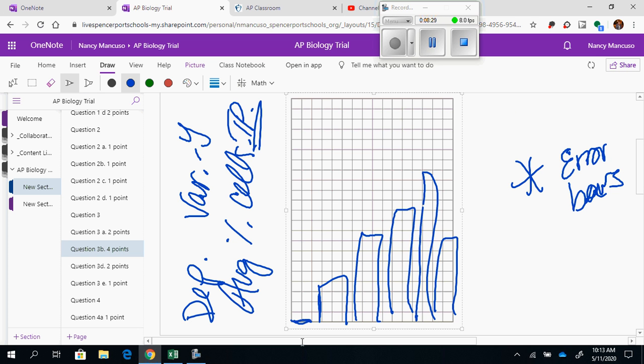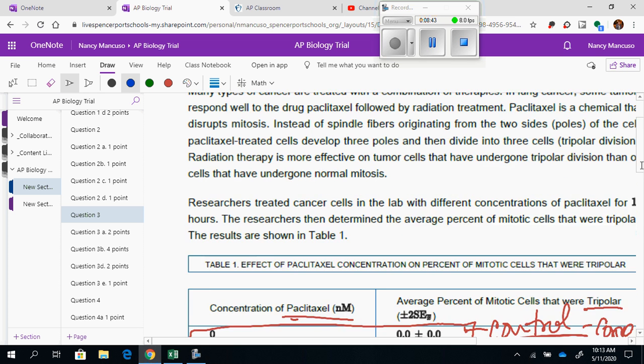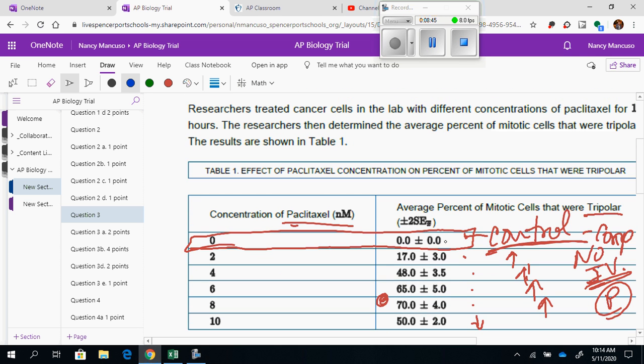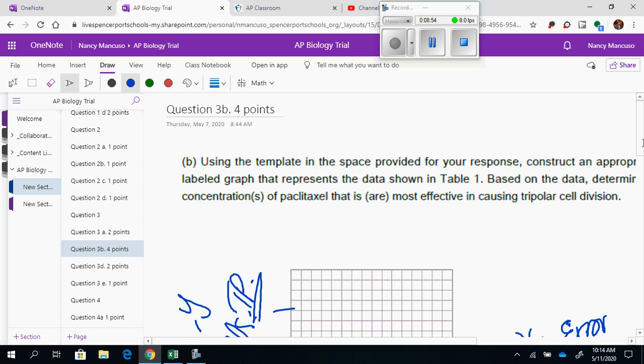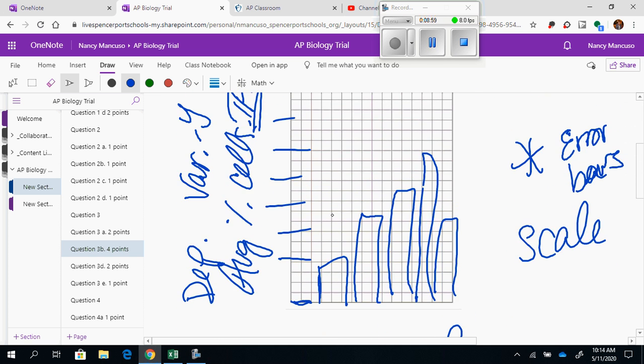So the error bars, I know I don't have actual readings. You would have to have exact readings and make sure that you have a good scale set up and that you use all the space given to you. So I'm going to just show you one of the error bars. So let's do this one, 17 plus or minus 3. So the way that you do that, this would have to be, let's say this is 15 and this is 20.